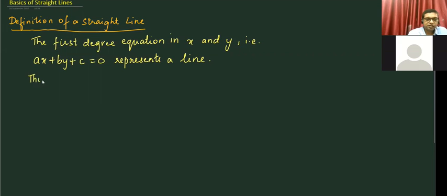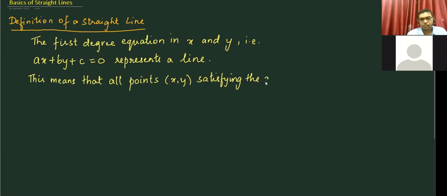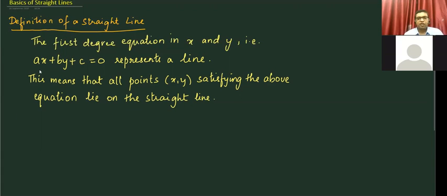This means that all points (x, y) satisfying the above equation lie on the straight line.